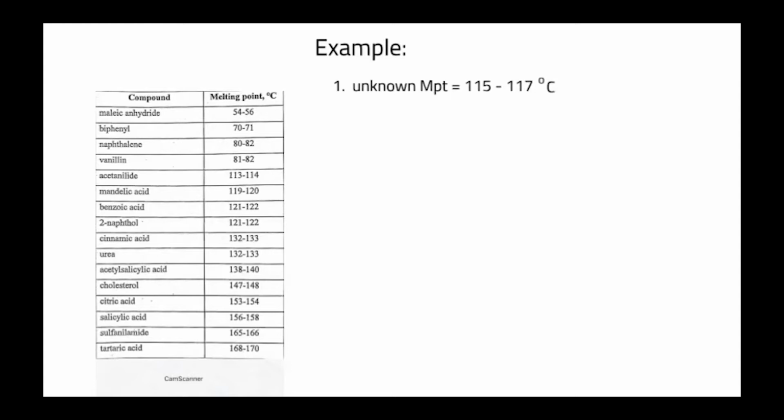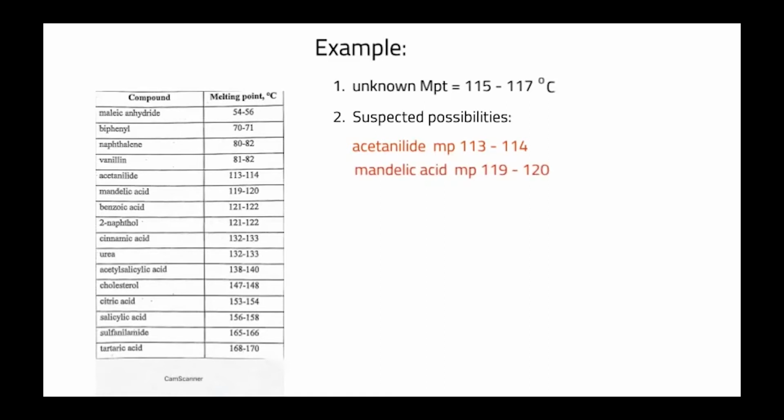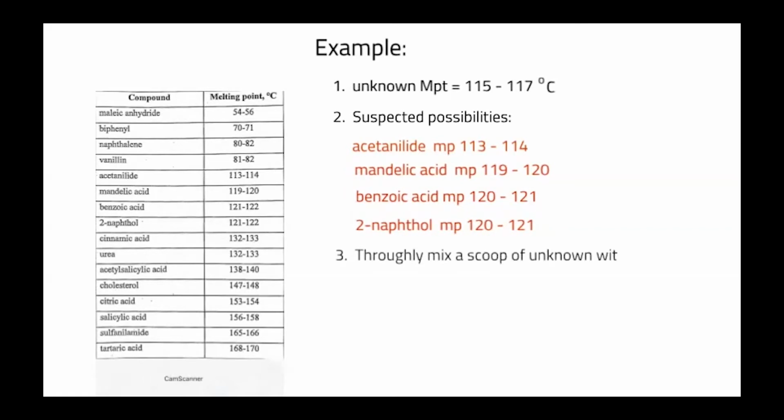From table 1.2, the suspected possibilities can be acetylaldehyde at a melting point of 113 to 114 degrees Celsius, mandelic acid, melting point 119 to 120 degrees Celsius, benzoic acid, melting point 120 to 121, and 2-naphthol, melting point 120 to 121. Thoroughly mix a scoop of unknown with a scoop of acetylaldehyde.